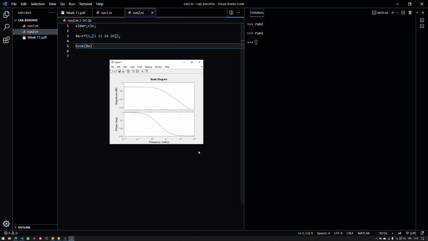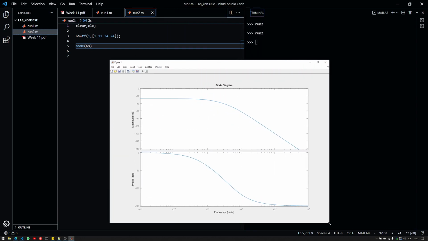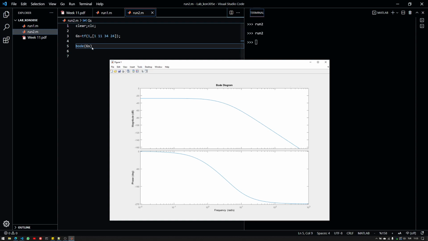This is the Bode plot. Now, if you use the bode function itself, you will get this result. But in this result, there's one issue you have to overcome. That is the decibel. Now, this is 20 log 10 of something, which brings up the decibel part here.